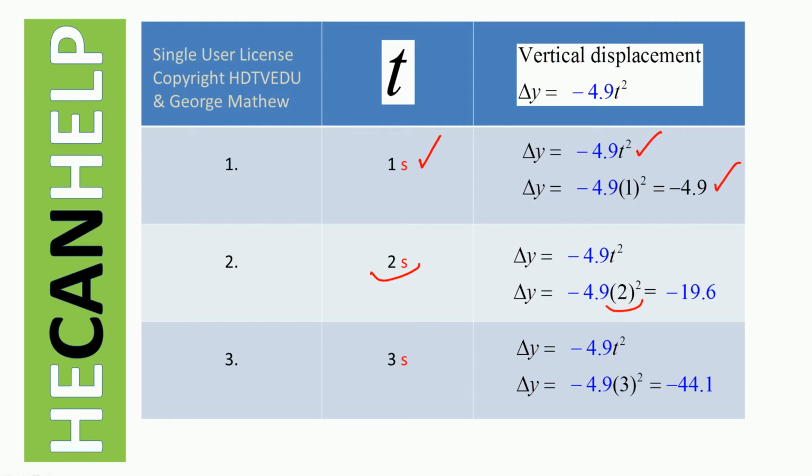You substitute t is equal to 2, and we get negative 19.6 meters. And when t is equal to 3, what is t squared? 9. And what is 9 times negative 4.9? Negative 44.1 meters.